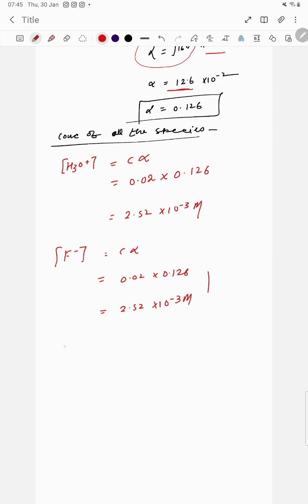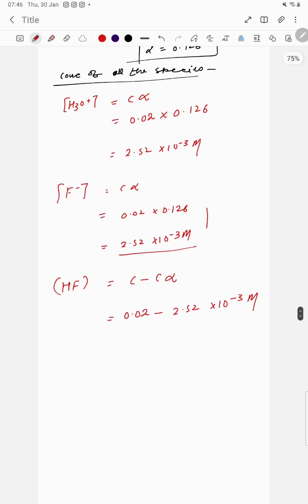Now we are having HF. So HF is how much, student? C minus C alpha. So C is 0.02, and here this will be negative, we have to subtract this one, sorry. Let me erase first. And minus C alpha value, 2.52 into 10 power minus 3 molar.